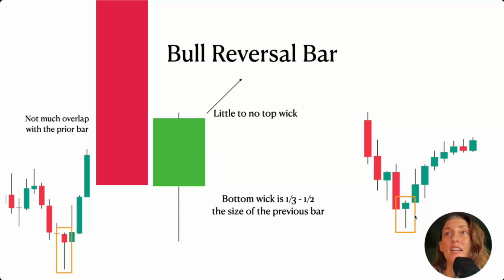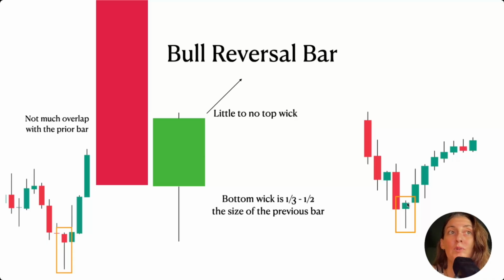So here is our first example. On the right you'll see that the bar is the opposite. So we had a bear bar or a red bar down, and now we are going up. It's a green bar or a bull bar that is going up.